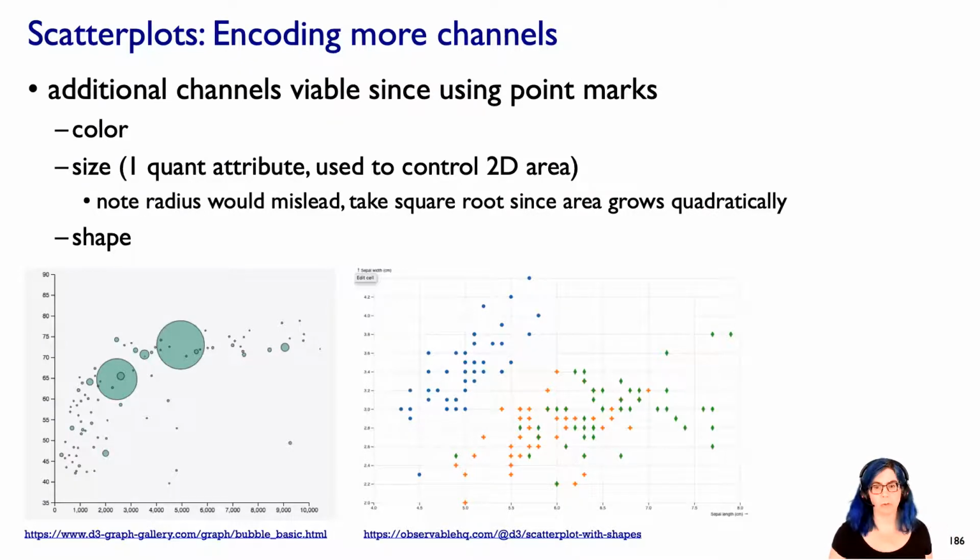You'd want to take the square root if what you've got in terms of your graphics toolkit is to actually draw circles with the radius. Think about these issues about what you are actually trying to encode. So there's what you're encoding and what they're decoding. Make sure that if you're encoding using two-dimensional area of this sort of a point mark, if you want them to decode the right thing, you have to do a transformation of your data before you encode it with this approach.